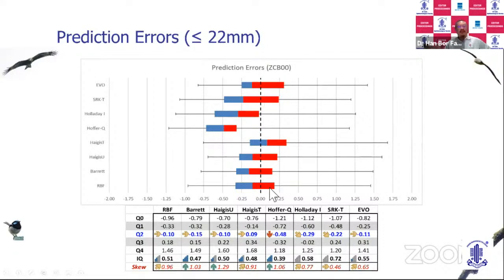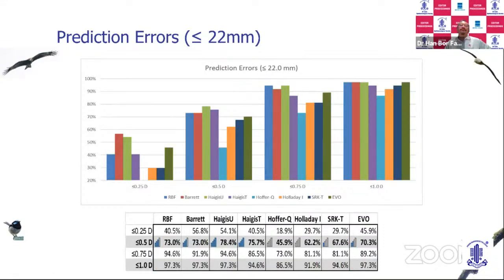They predict, as I said, using the same optimized constant from the general population. For the percentage of eyes within half diopter, RBF, Barrett, Haigis triple optimized or personal triple optimized are all very good. EVO is not too bad. But in our data, surprisingly, Hoffer Q and Holladay 1 don't do too well.